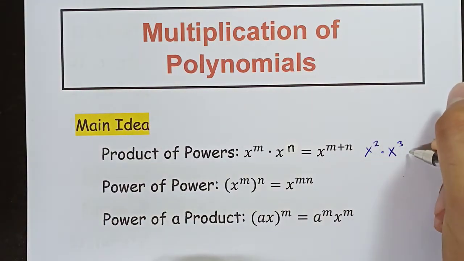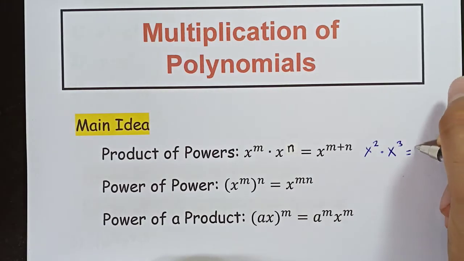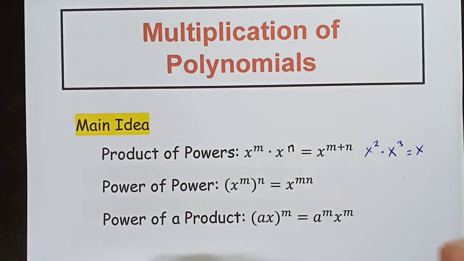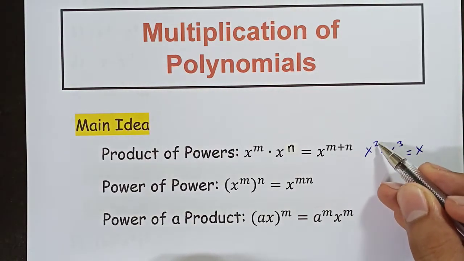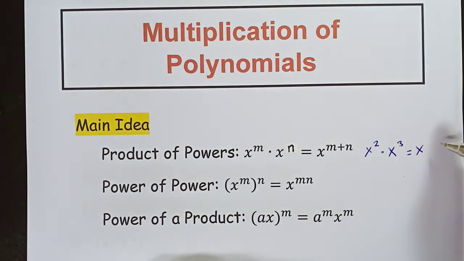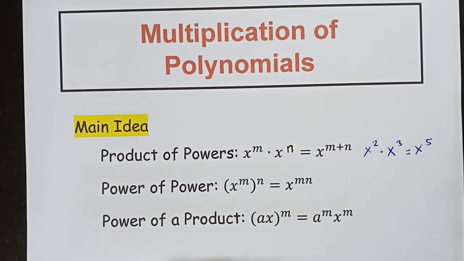The answer will be the variable x raised to the sum of 2 plus 3, so 2 plus 3 is 5. So ganun lang. Pinag-add lang natin yung exponent ng dalawang variable when we're getting the product of powers.